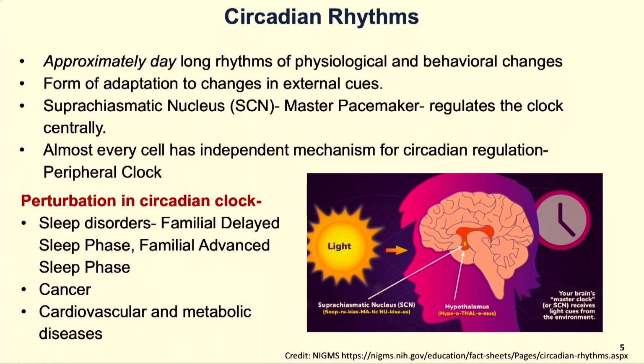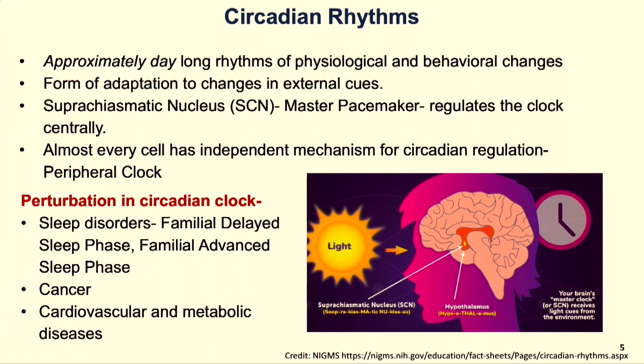Now, what is also very interesting is that this is not just adaptation. That means it's not just responsive, but it is also predictive. All biological systems are able to predict what the conditions are going to be and change accordingly. This is another very important aspect of circadian rhythms. In mammals, this is governed by an area in the brain called the suprachiasmatic nucleus.